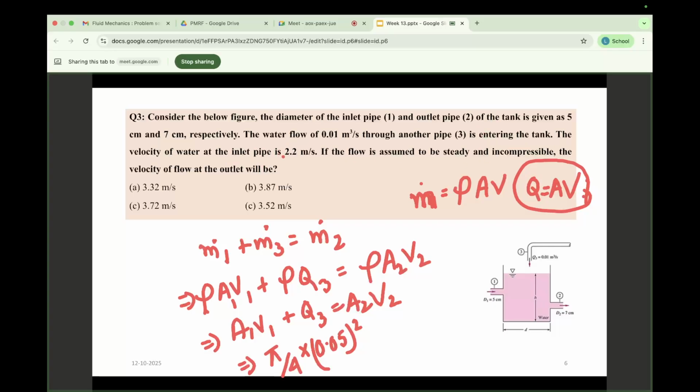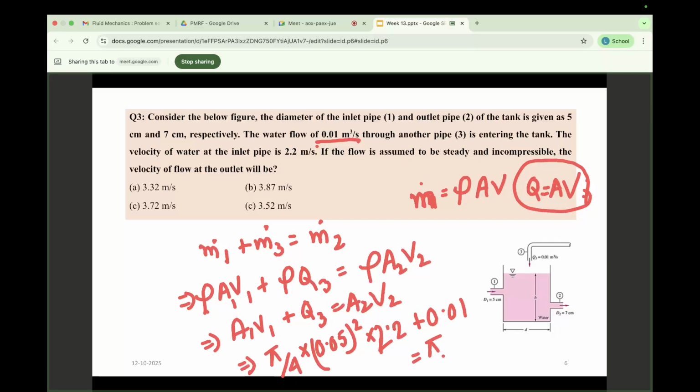Pipe velocity is given as 2.2. And Q3 is already given, 0.01 meter cube per second.